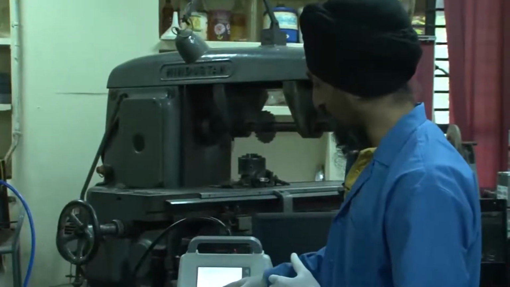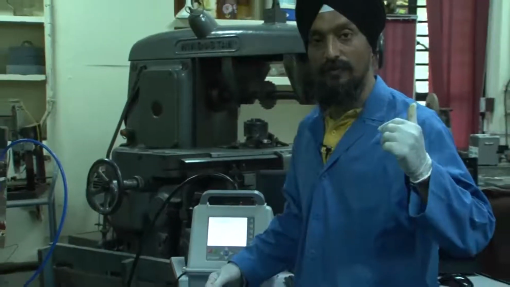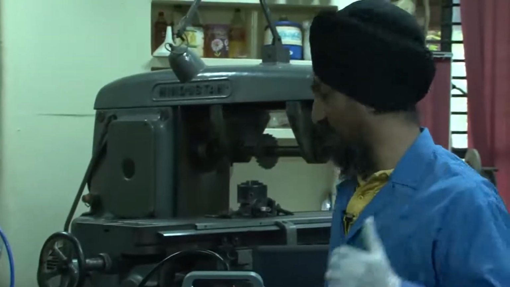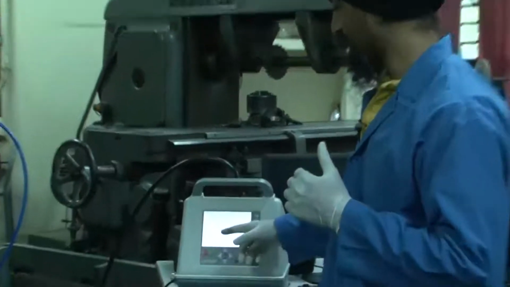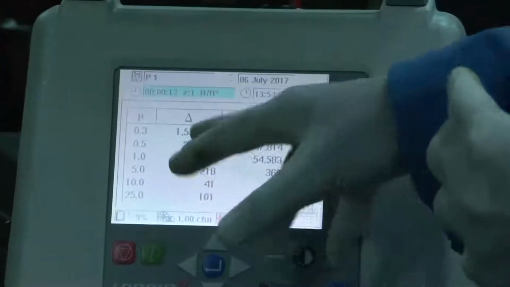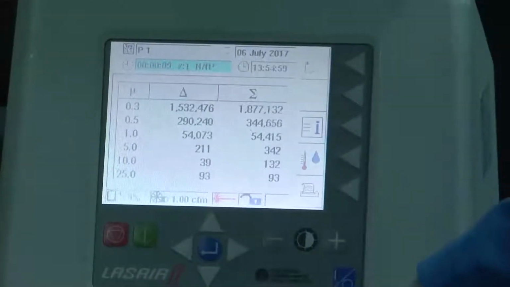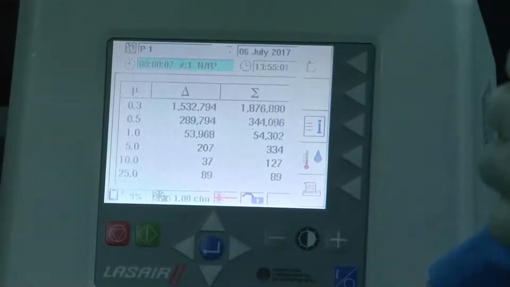We'll record the data, and this has been synchronized with our LabVIEW software as well, so that we record the data in the specific time when machining is happening. When machining is happening, some aerosols would be coming out, and the data recorded would obviously be high. What the specific values are, we'll discuss.